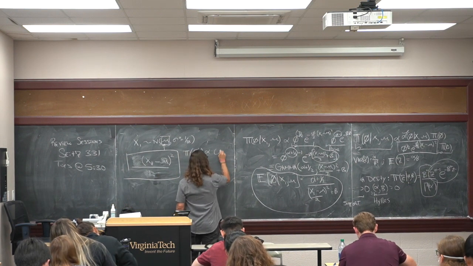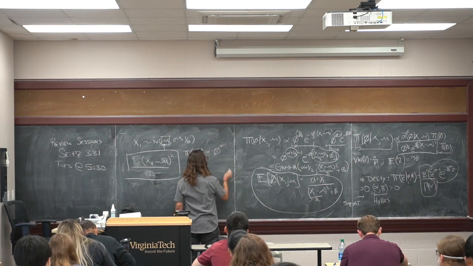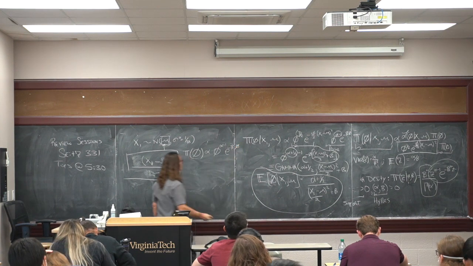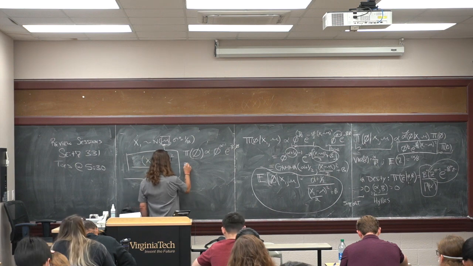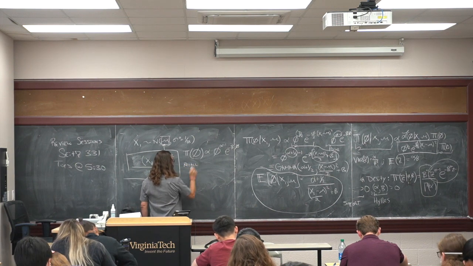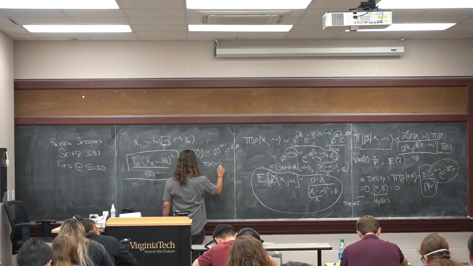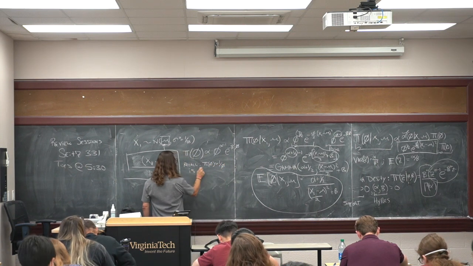So this looks like this: phi to the alpha minus 1, e to the minus beta phi. And recall, pi of phi proportional to 1 over phi is scale invariant.